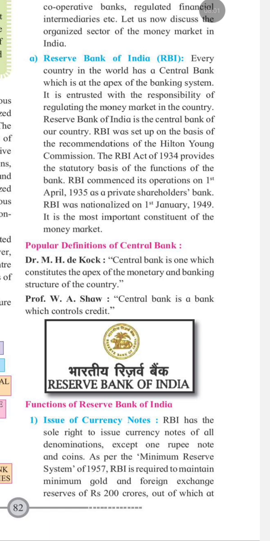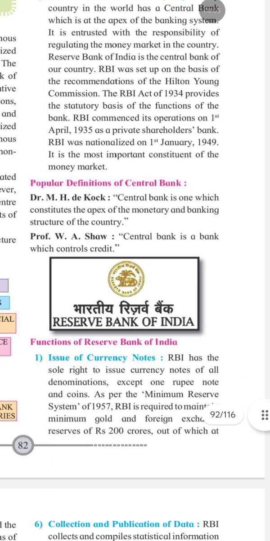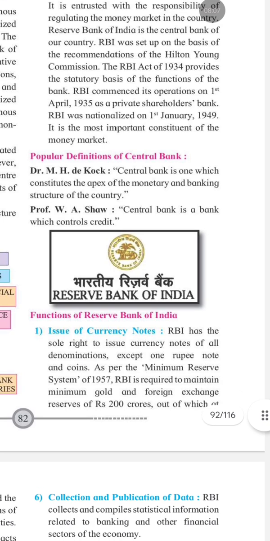Now let's understand a little bit about RBI. Let's go into a little history. The Reserve Bank of India was established on the recommendation of the Hilton Young Commission. The legal foundation of the RBI is provided by the Reserve Bank of India Act 1934. Although the act was passed in 1934, the RBI actually started functioning on 1st April 1935.